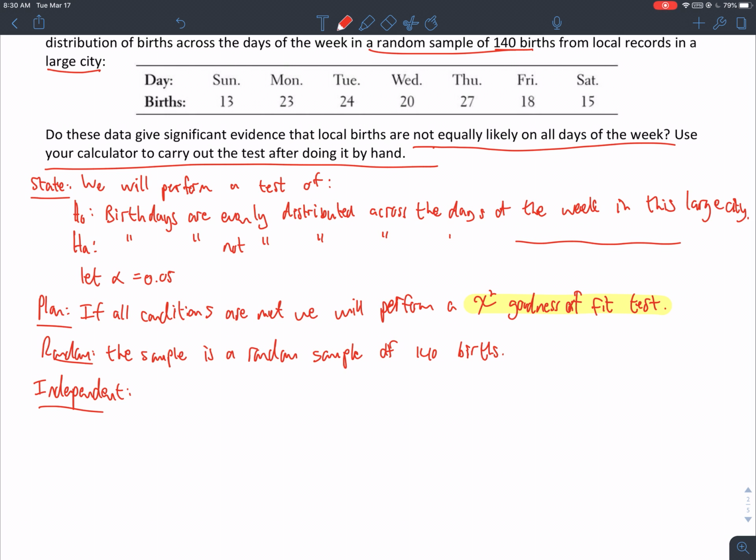So what can I say about independence here? It's reasonable to assume that births are independent of each other. So me being born on a Sunday doesn't affect you being born on a Monday.